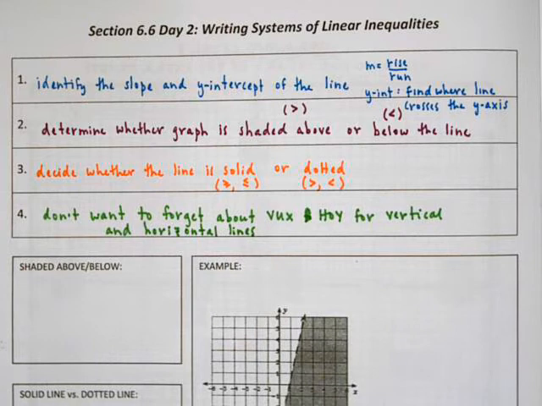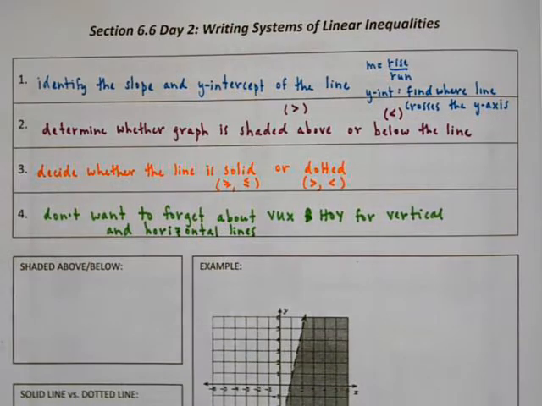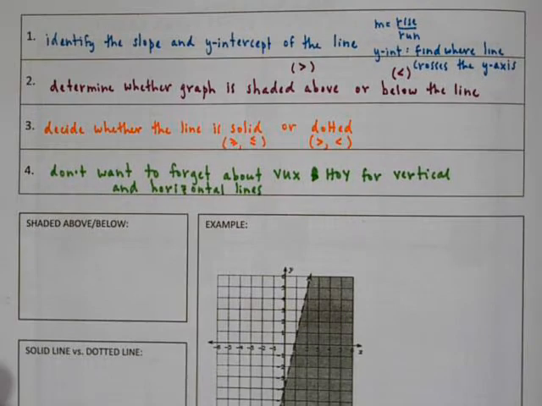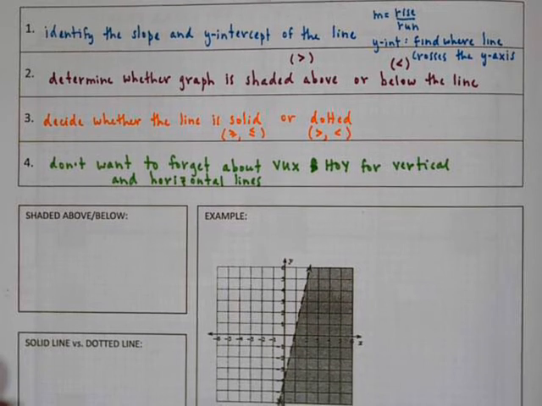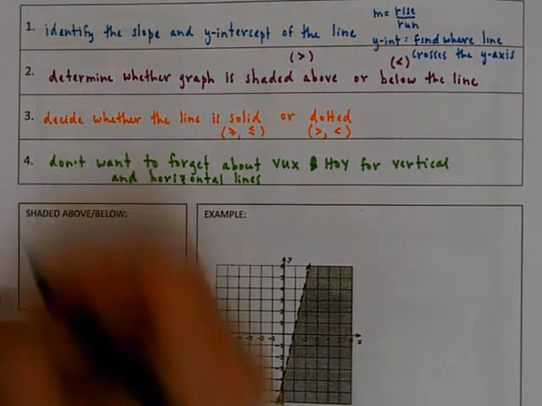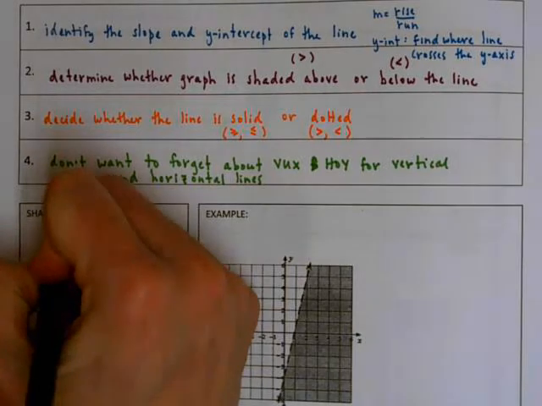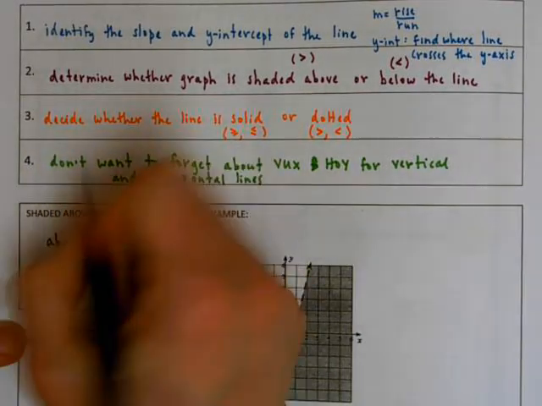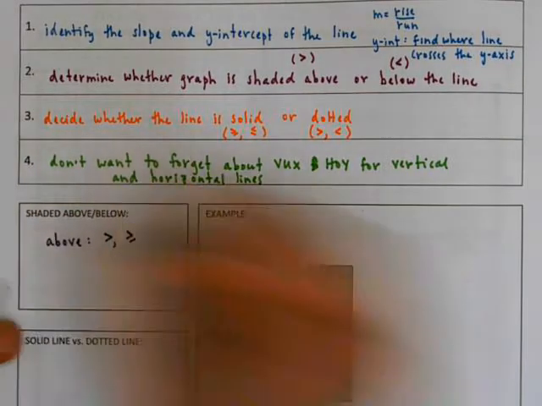Okay, so hopefully this sounds pretty familiar. Again, we'll start with our first problem that just has one linear inequality, and then we'll go look at some systems. So just as a recap, shaded above or below. If we're above, we're going to be greater than or equal to.